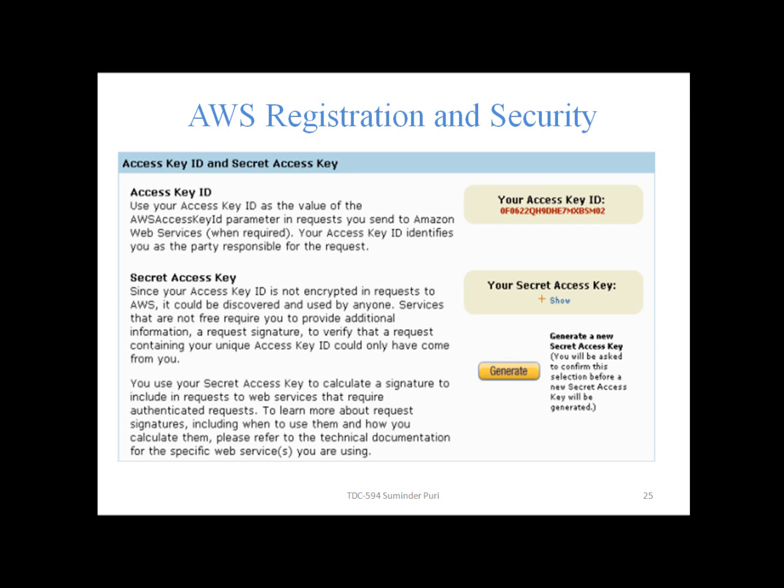You also get a secret access key. Each access key has a secret access key associated with it. You use your secret access key to calculate a signature to include in requests to the web services that require authenticated requests. Your secret key is a secret and should be known only by you and AWS.